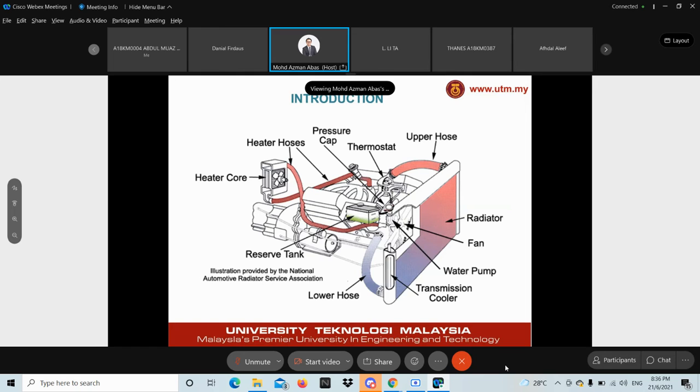Pressure cap, yes, you can clearly see the pressure cap on top of the radiator. Reserve tanks or expansion tanks on the car. Heater core, heater hoses. The heater core is usually positioned inside the cabin, mostly for vehicles that are marketed in cold weather.